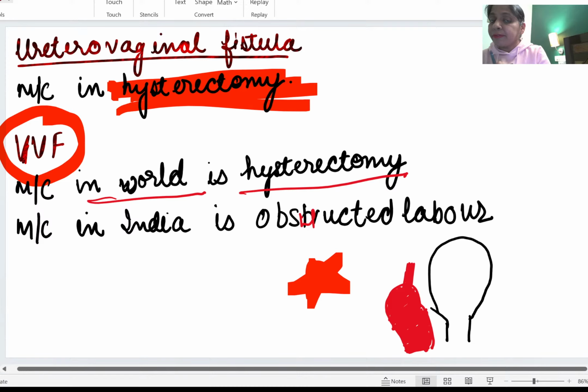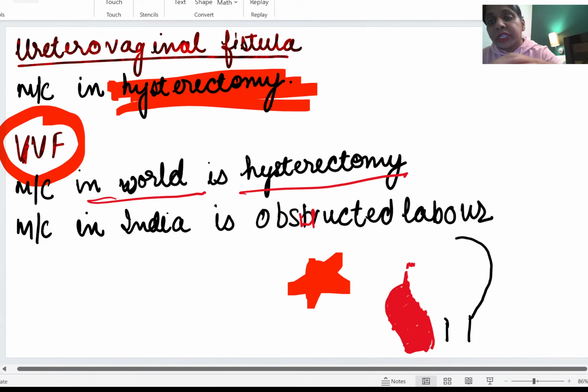What happens basically in hysterectomy, as you all know, is that we have to remove the uterus. We cannot remove the uterus the way I am removing it here; we have to separate the bladder. So during separation of the bladder, sometimes the bladder gets injured.